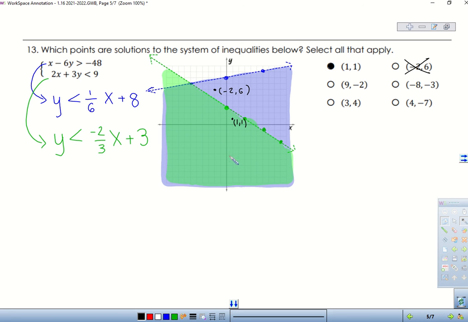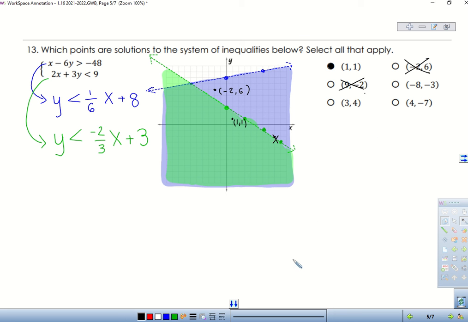It has to fall in both. 9, 2: 1, 2, 3, 4, 5, 6, 7, 8, 9, and then down 1, 2. Does that fall in the region? It falls right on the dashed line. No. If you fall on a dashed line, that's not part of the solution, because it has to fall on either a solid line or in the double shaded region. So that one is a no.